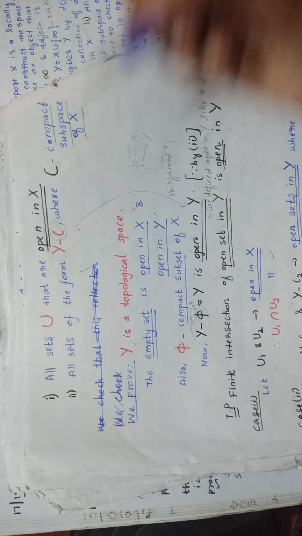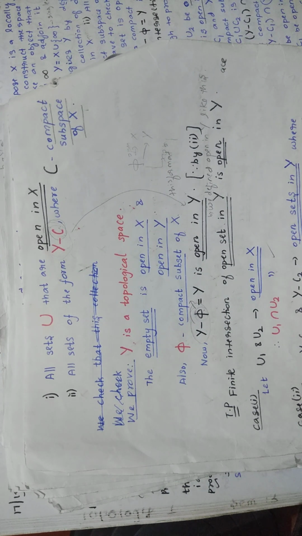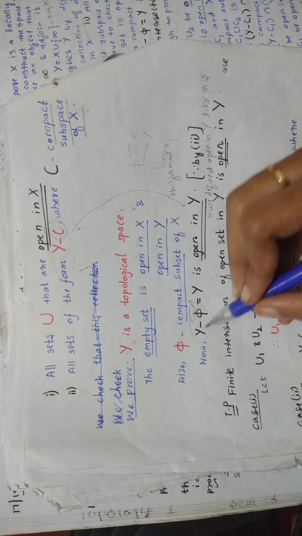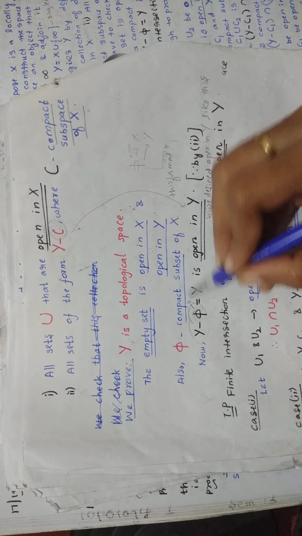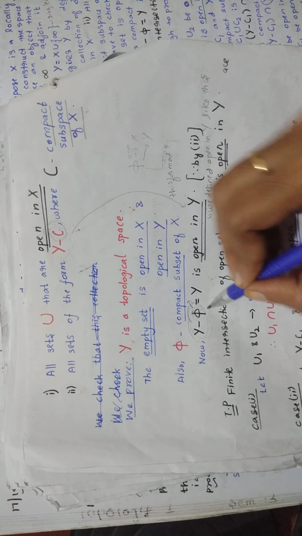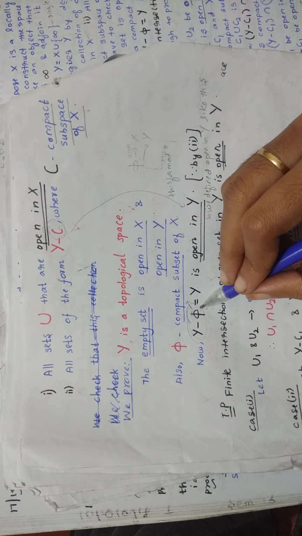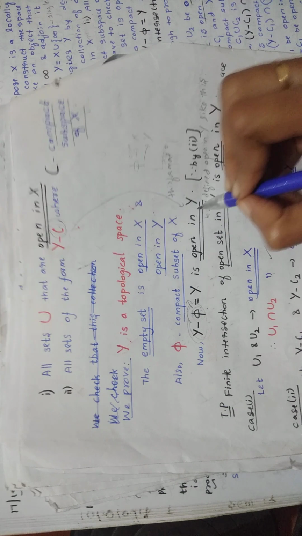That is how you defined it. Right? So using that you are saying Y minus phi equal to Y, and this is open in Y, because it is in that format as we have defined.